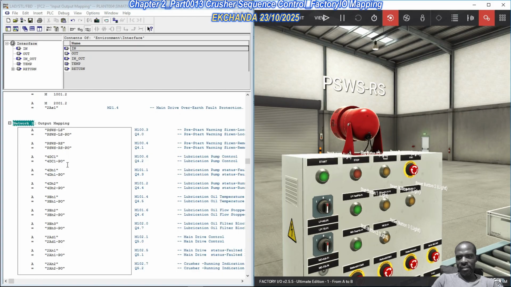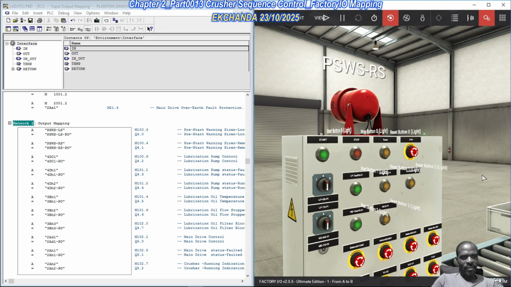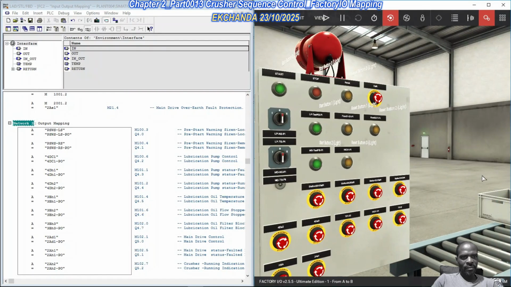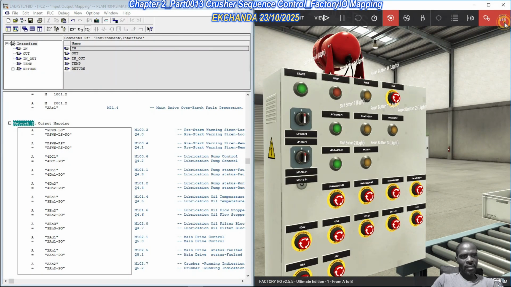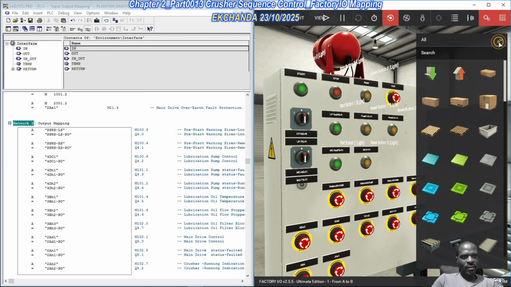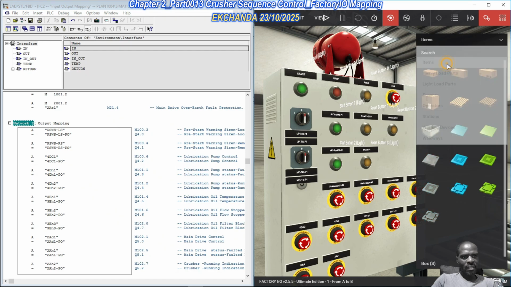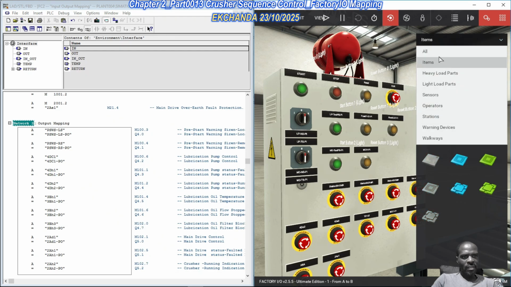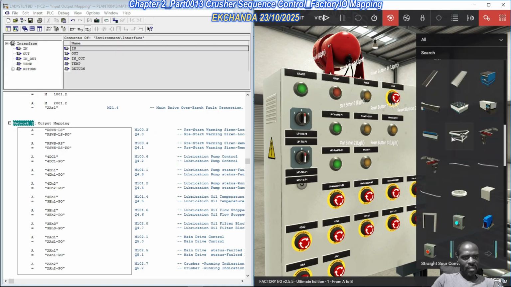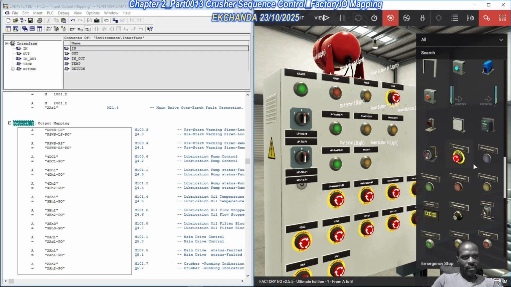Okay, so we can make use of an indicator light. If not, do we have lights? Let's see, what do we have? Operator stations, light load part stations, warning devices. Let's look for pilot lights.